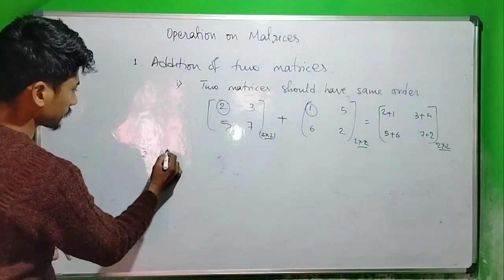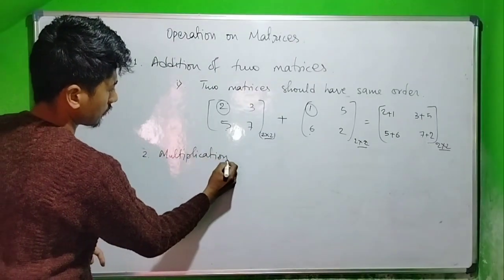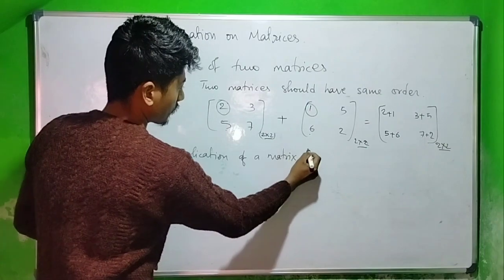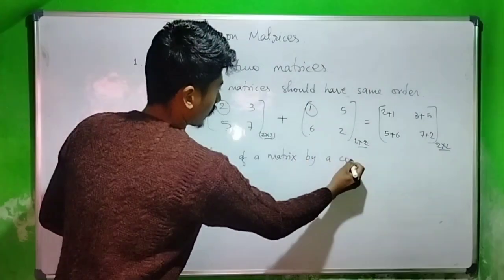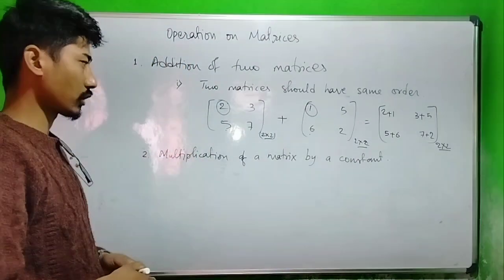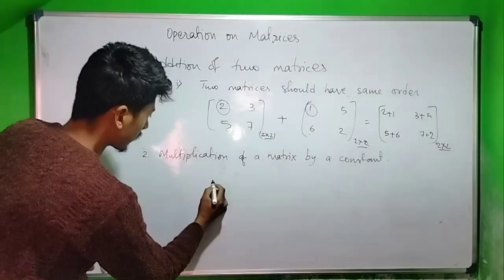Number 2 is multiplication of a matrix by a constant. If there is a constant and a matrix, how can we multiply that?